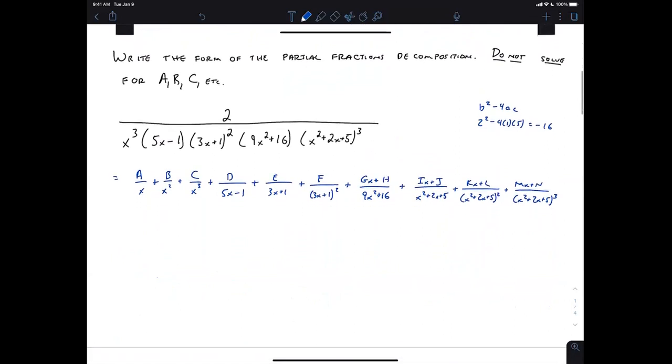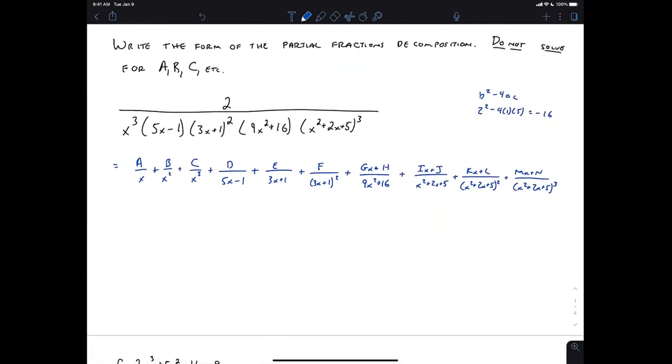Somebody in chat asked, can you explain the b squared minus 4ac? So that's to determine that a quadratic is irreducible. Irreducible means that it doesn't factor even if you allow for square roots. Like yesterday we were talking about x squared minus 7.